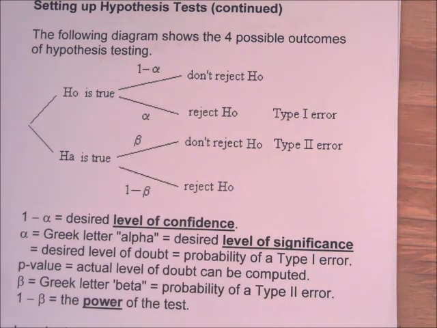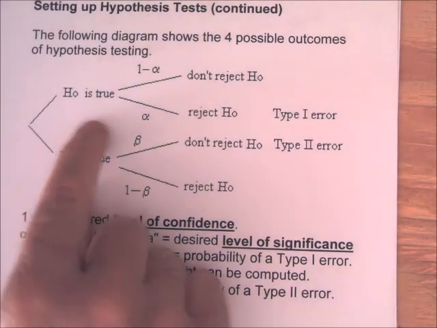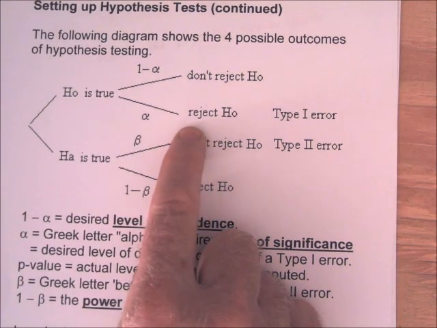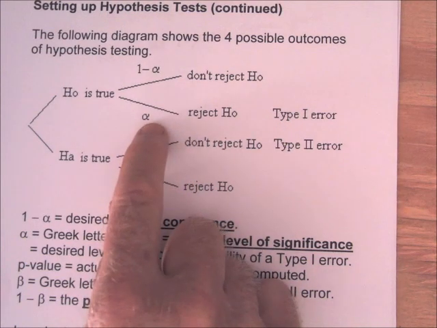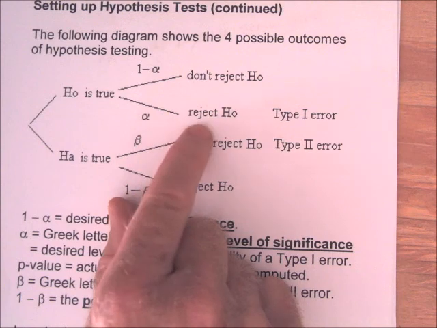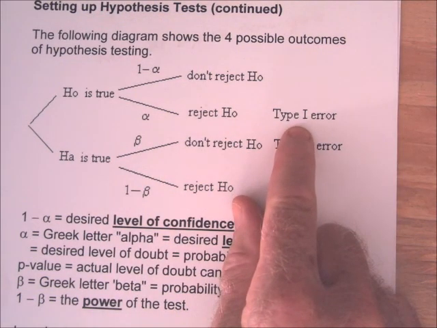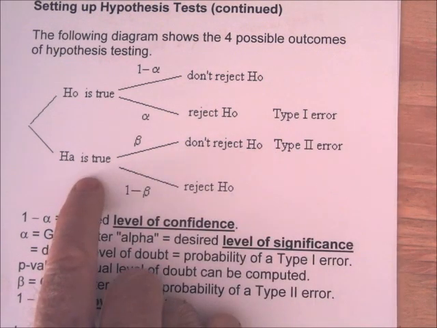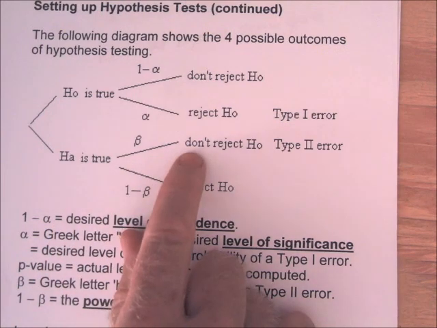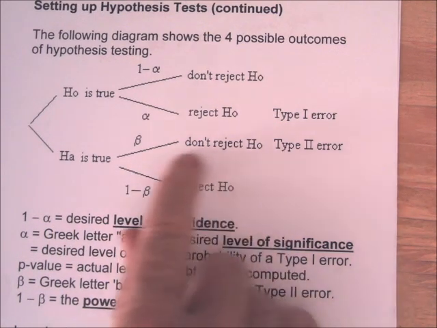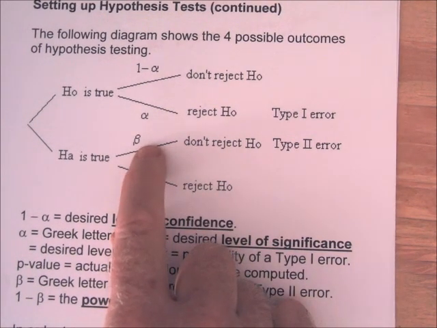That would be a correct conclusion. If H0 is true and we reject H0, the chance that can happen would be alpha itself. That's the level of doubt. That's a type 1 error. If HA is true and we don't reject H0, that's a type 2 error. The probability of that happening is the Greek letter beta.